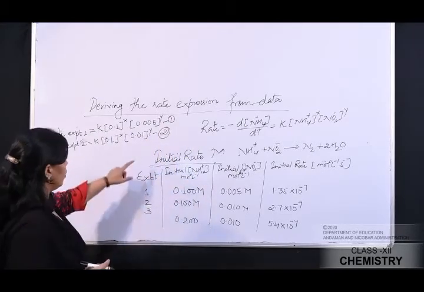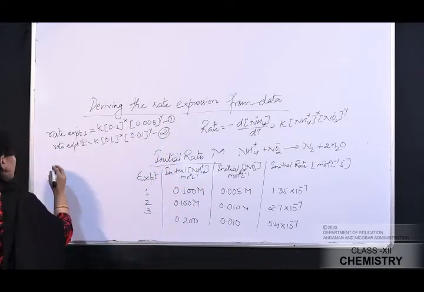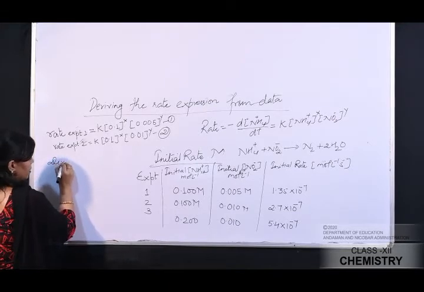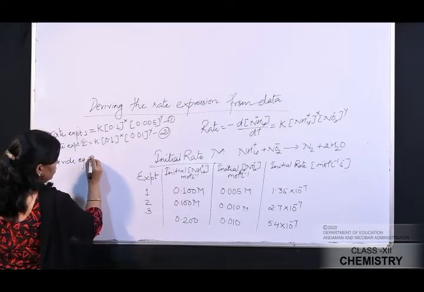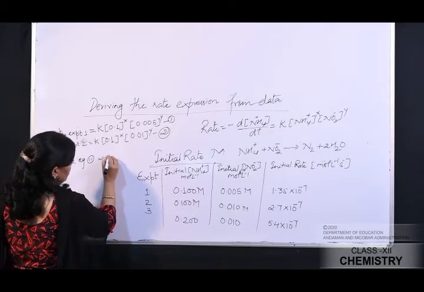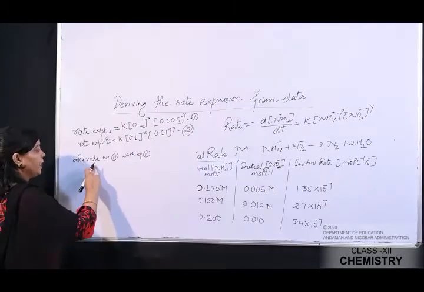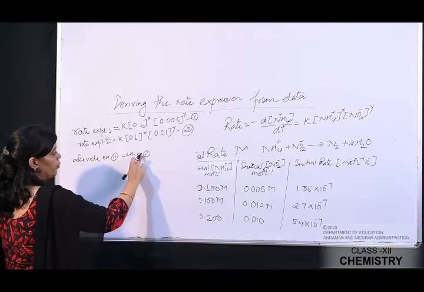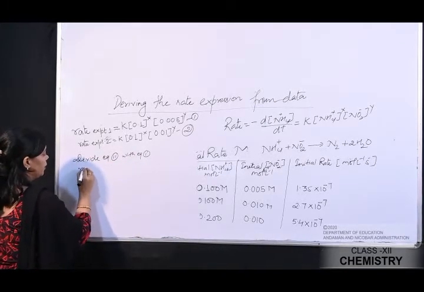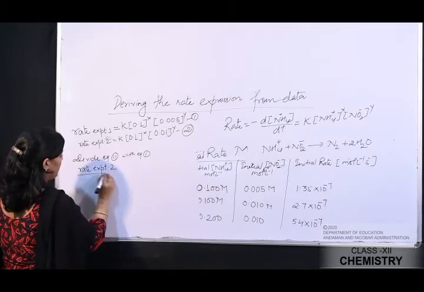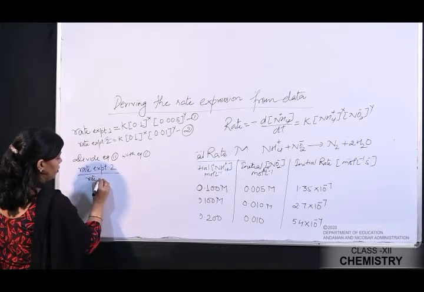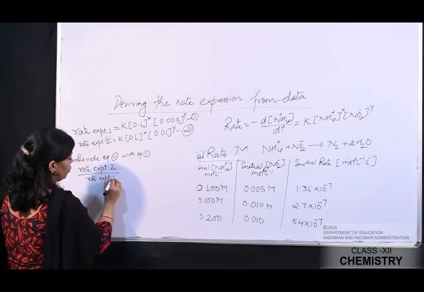To get the value of y, I am going to divide equation 2 by equation 1. We get the rate for experiment 2 divided by the rate for experiment 1.